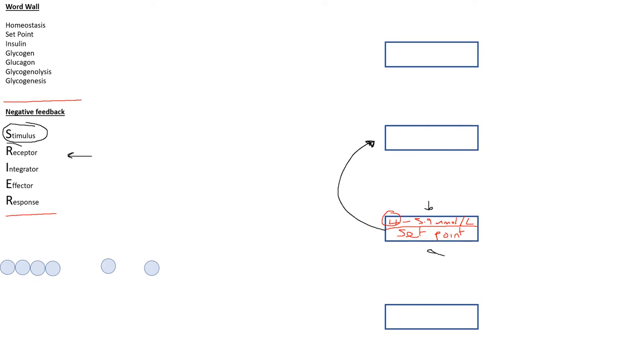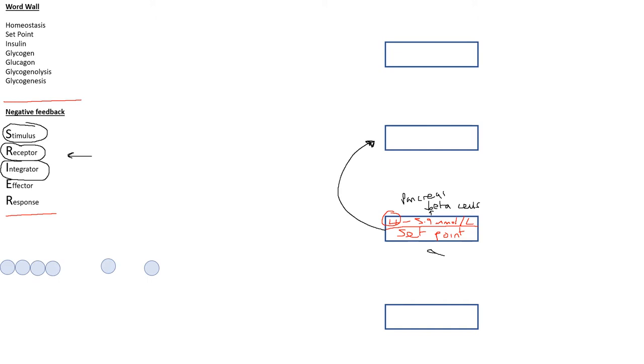Now what detects that? What detects the rise in blood sugar? That is the reason why I put this little B on top of the set point, because this stands for beta, and in fact beta cells of the pancreas. That is the receptor and indeed the integrator for blood sugar rise.